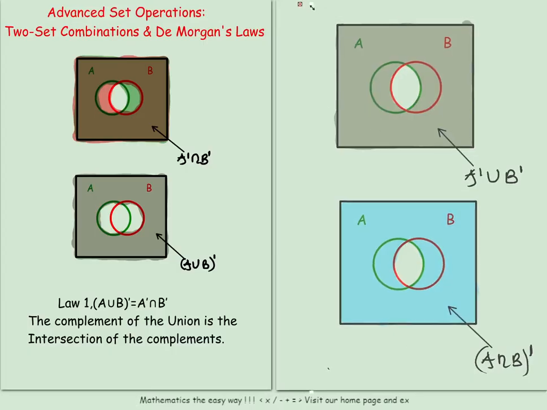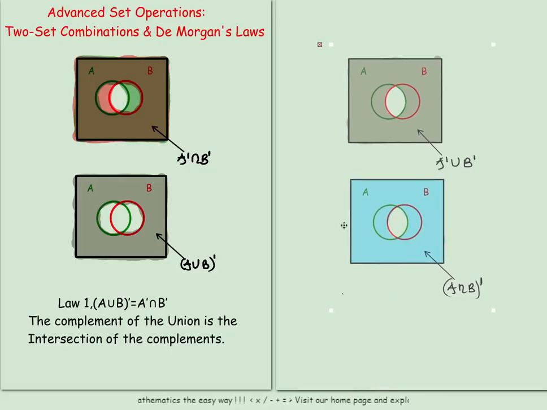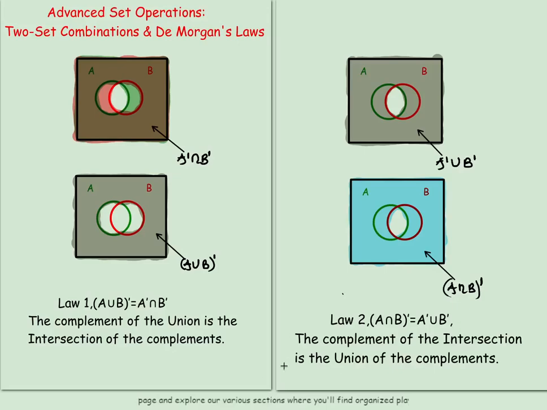What do you observe here? The first and then the second one. You realize that they are the same. They've shaded the same region, but the names we used were different. This takes us to the second De Morgan's law, law 2. And law 2 says that the complement of the intersection is the union of the complements. What does that mean?